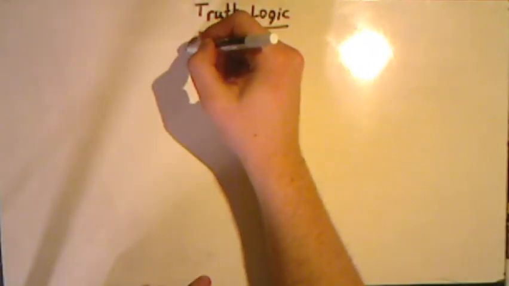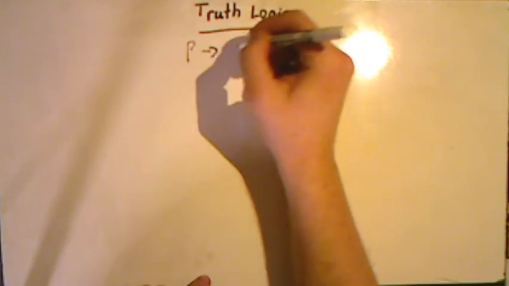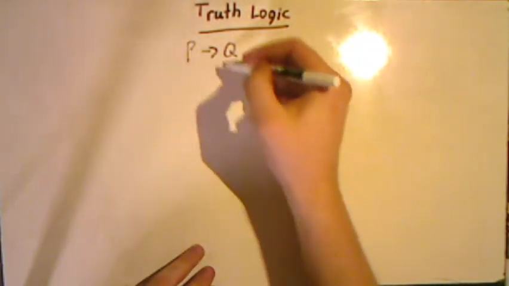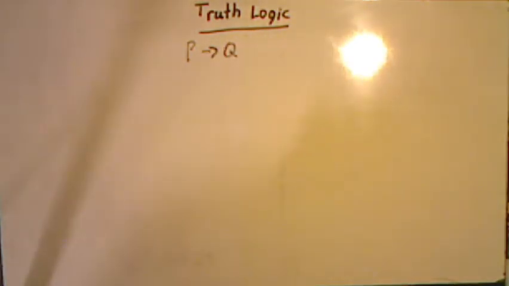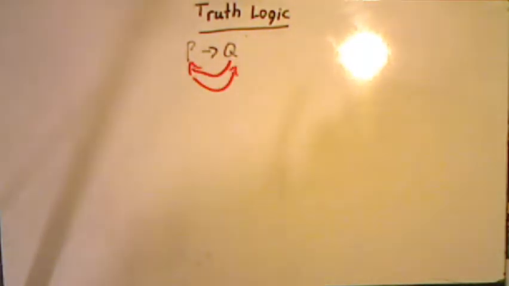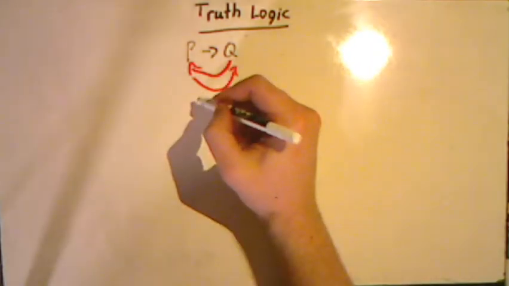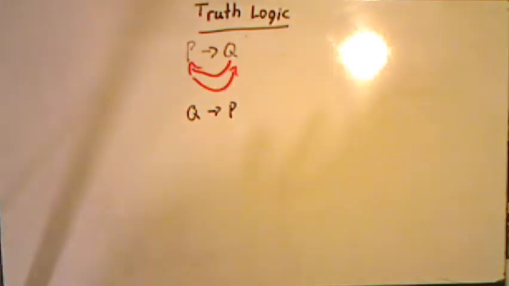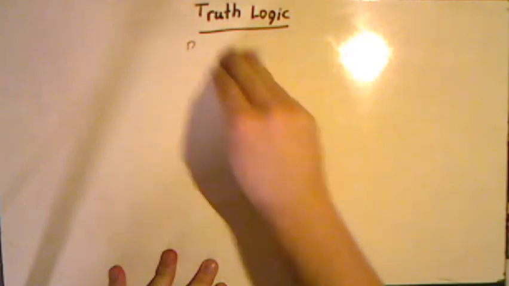So in the case of, say, if P, then Q, by taking the converse, you switch between these two values so that you end up with Q going where P is and P going where Q is, to give us a sentence that is if Q, then P, and that is our converse. Inverse just takes the negation of whatever you're given, and contrapositive does both.